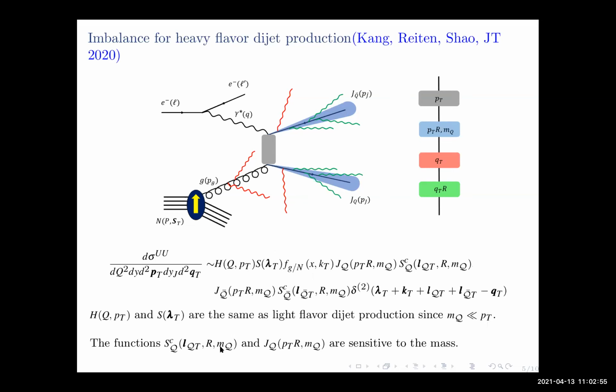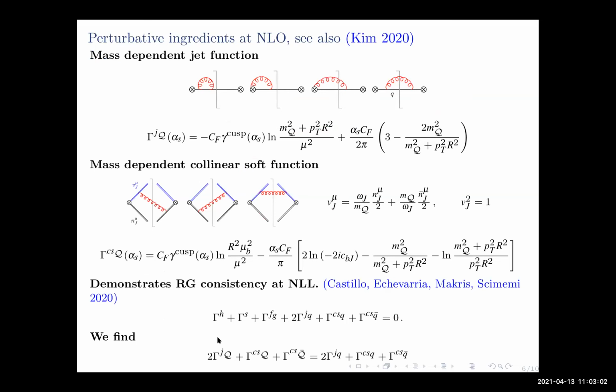However, the collinear soft function and also the jet function are sensitive to the mass. So what we did in our analysis is we performed a calculation of these perturbative ingredients at next to leading order in QCD. These first two plots represent the real corrections to the heavy quark jet function, whereas these right plots represent the virtual corrections.